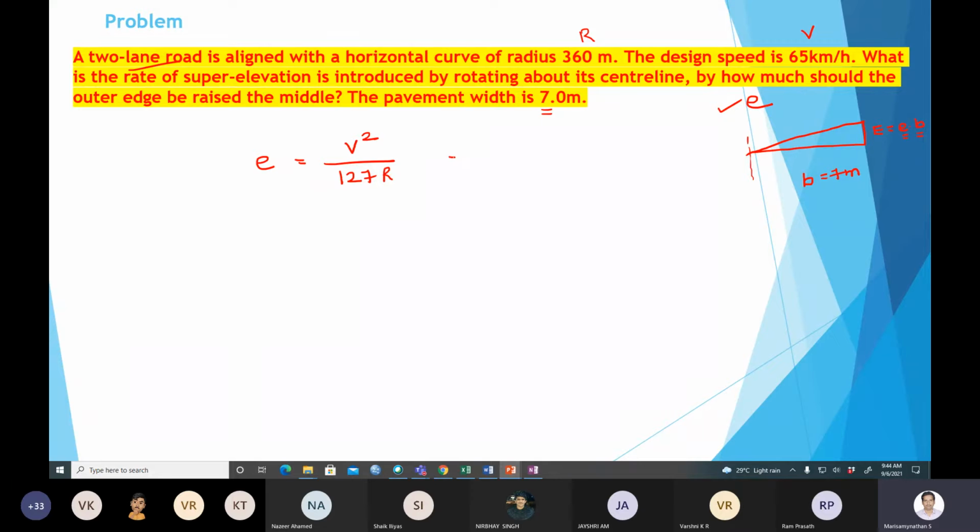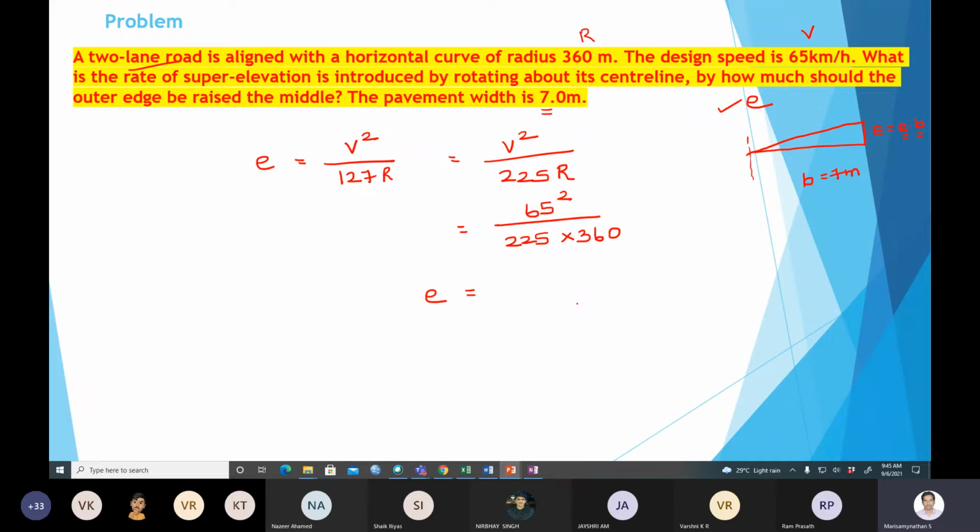But we have defined it with respect to the 75 percentage, right? So the equation is ultimately changing to V squared divided by 225 R. So when you apply, 65 squared divided by 225 into R, which is 360, you will get the rate of super elevation that we are providing.